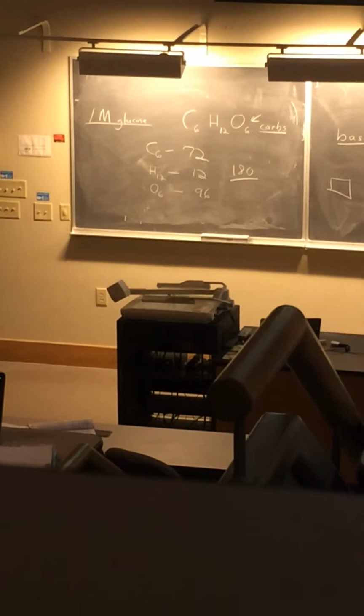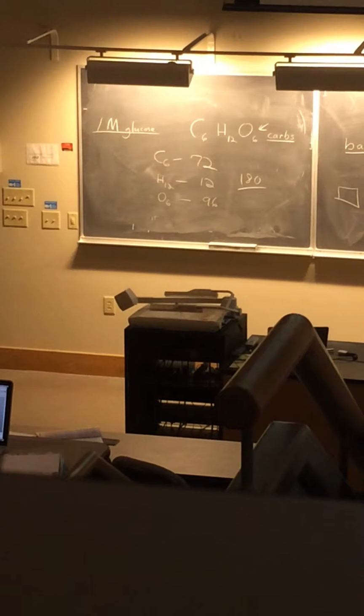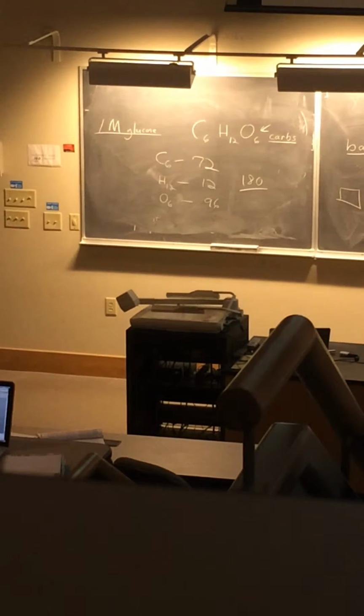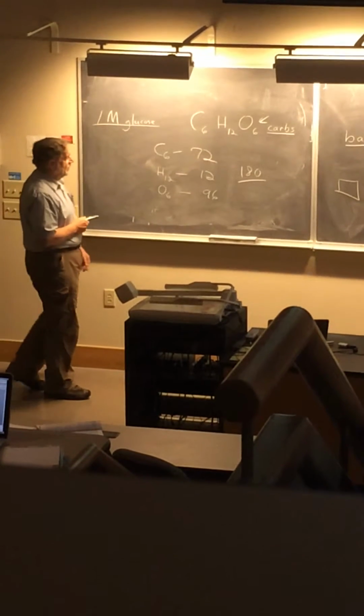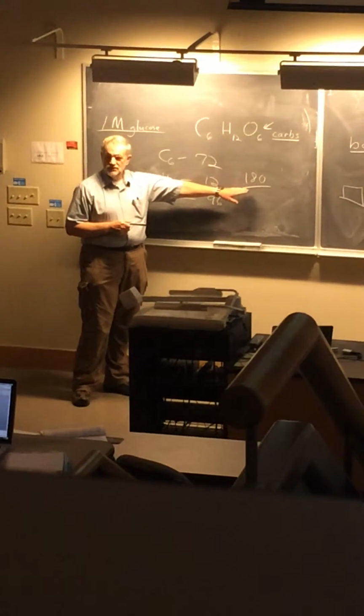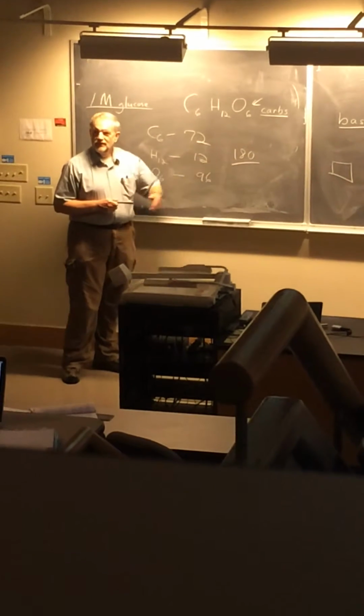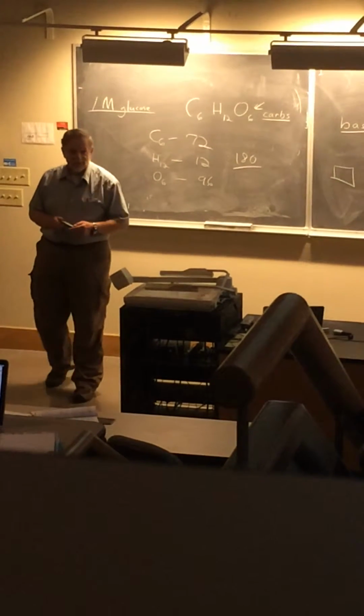Now we want to know our gram molecular weight. And how do we convert molecular weight of 180 atomic mass units to gram molecular weight? Anybody know how to do that one?